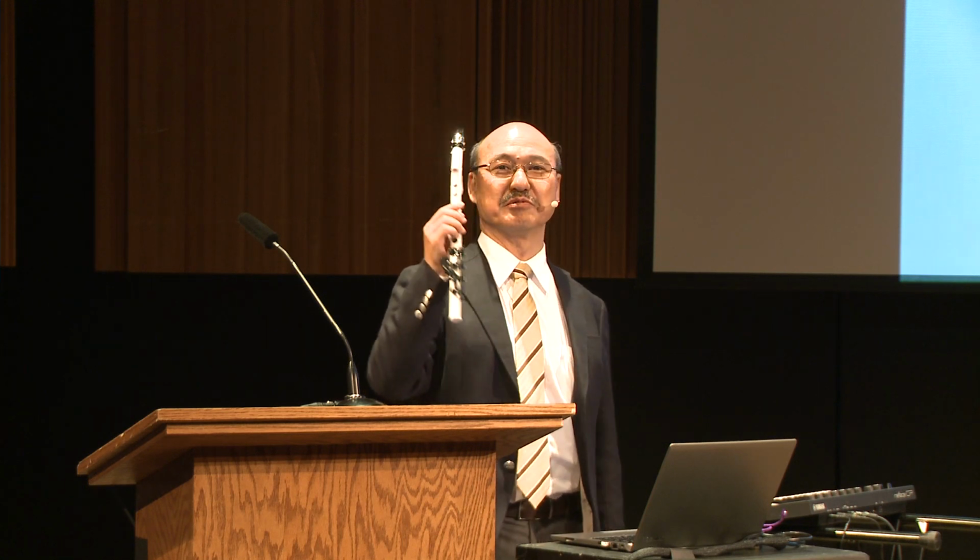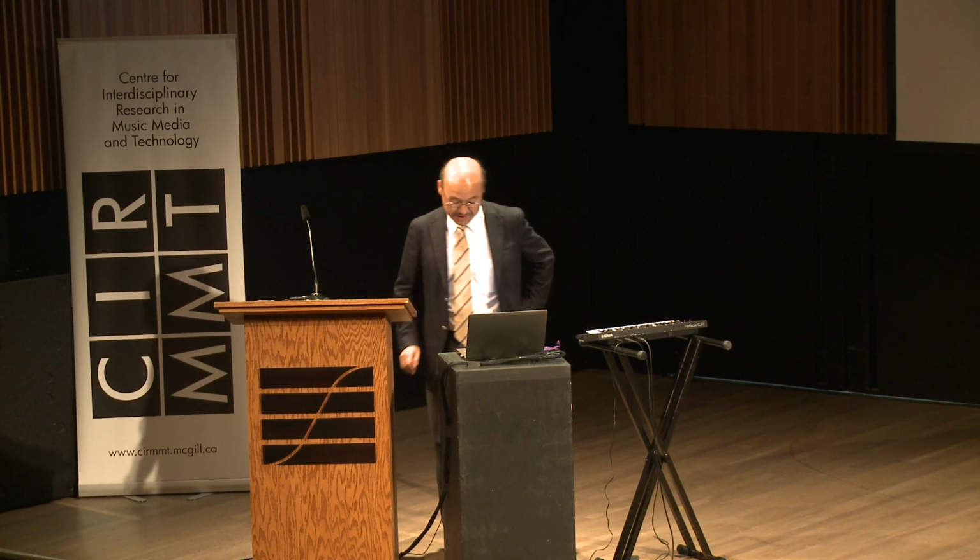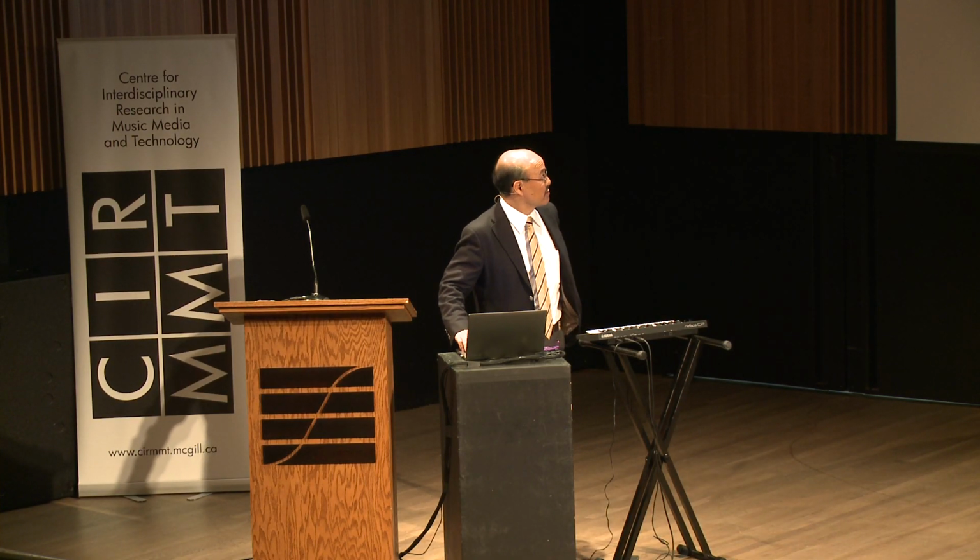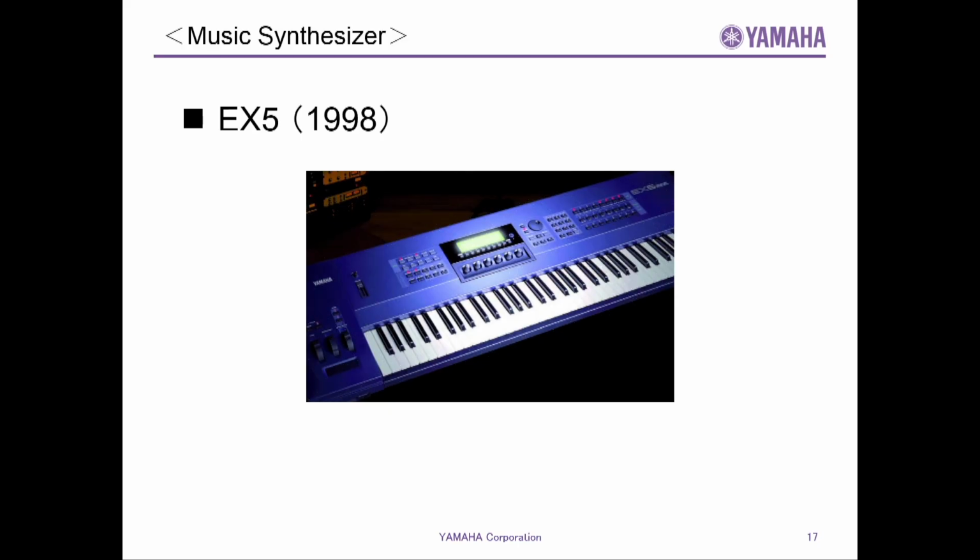I'm not a real instrument player, so I cannot demonstrate. Anyway, this is a product of just around $100 that we are now releasing onto the market. In spring, summer, maybe June, we will start releasing these products onto the market. You can buy it.